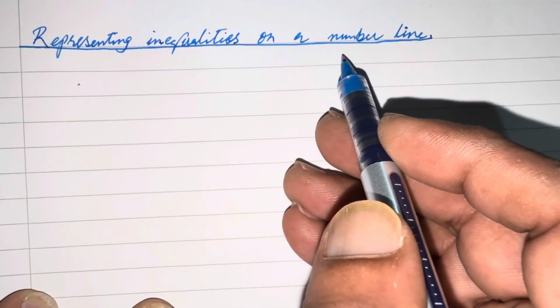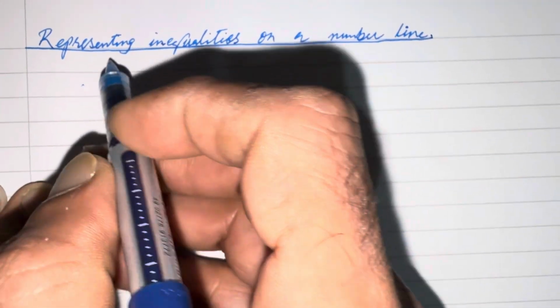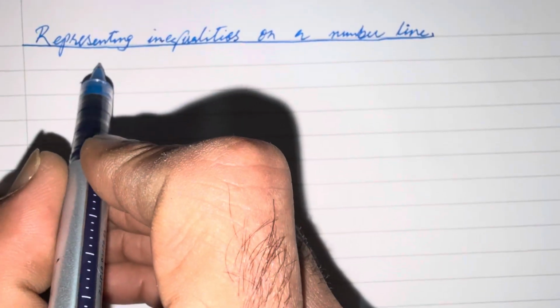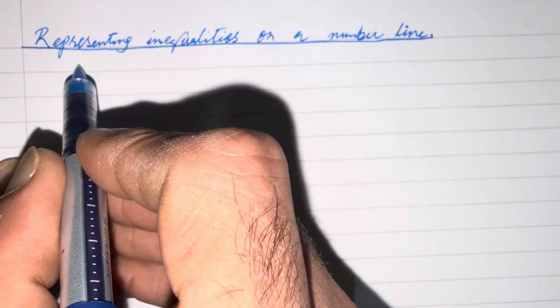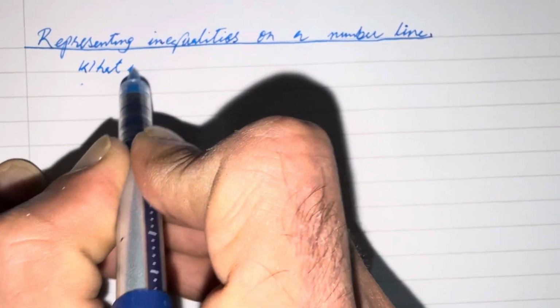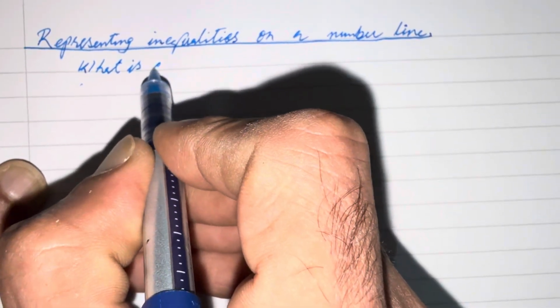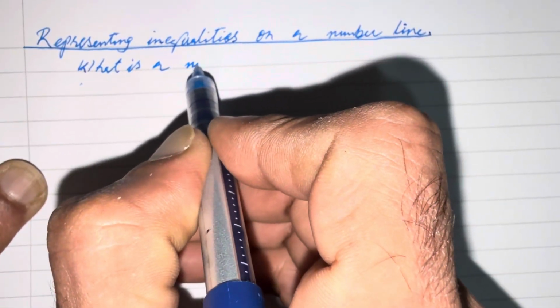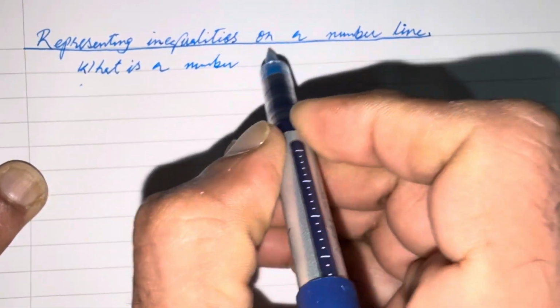So what is the number line? We have to understand what a number line is. I'm going to write down the question over there: what is a number line?